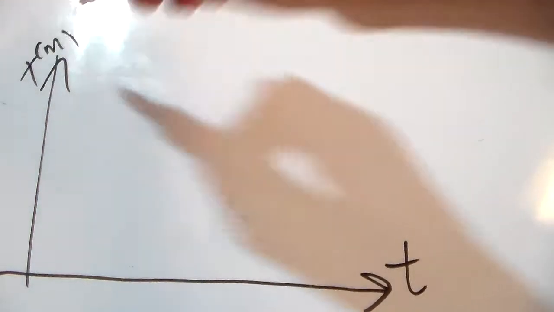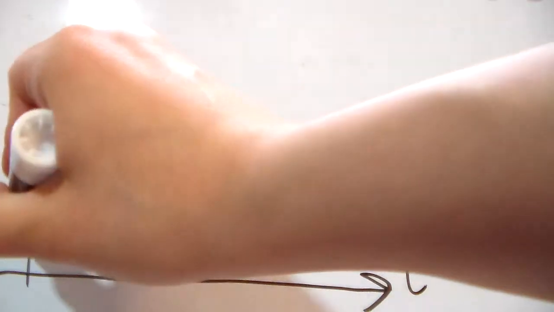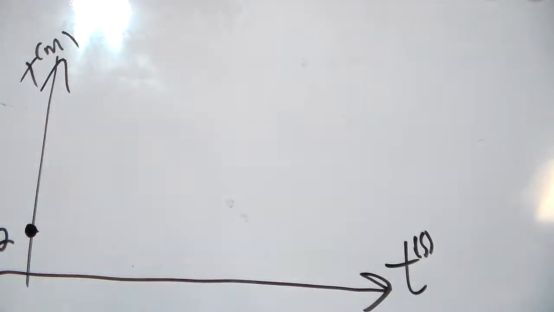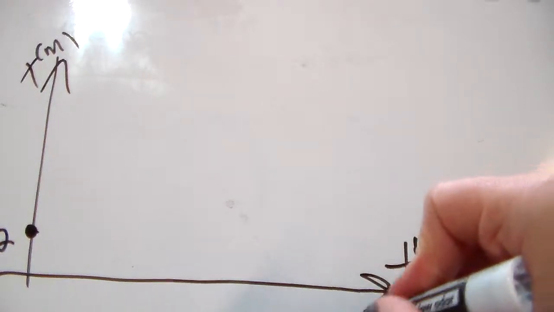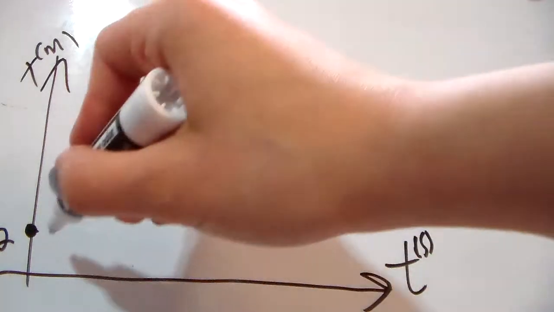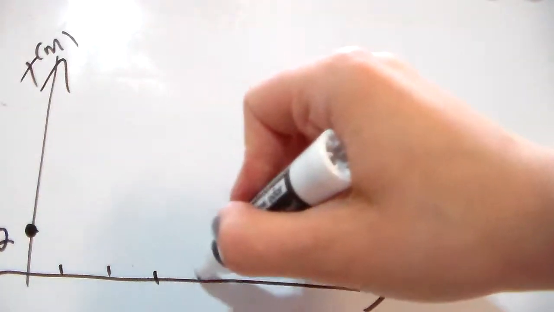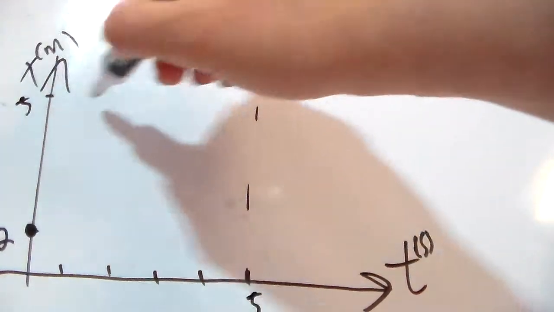So this is in meters, this is in seconds. Suppose my object starts at 2 meters at t equals 0. So this is one point on the graph. And then after 5 seconds, the object goes to, let's say, 6 meters in location. So 1, 2, 3, 4, 5 seconds, then this is going to be 5.